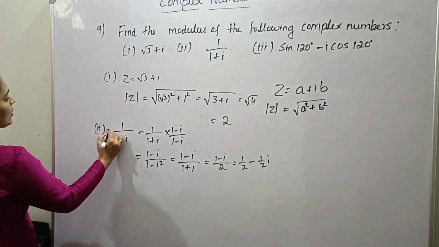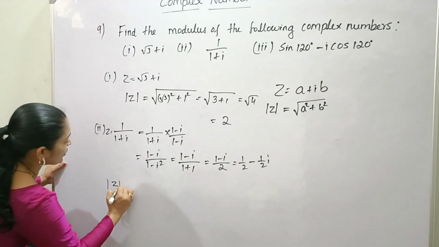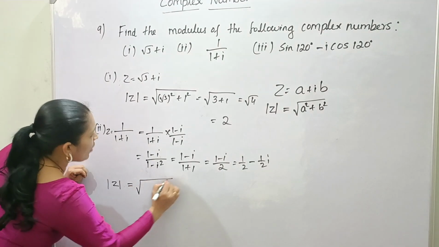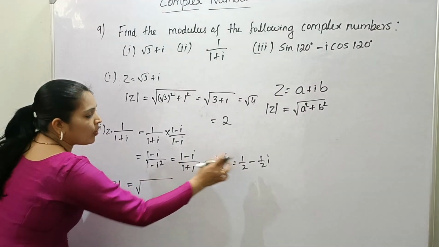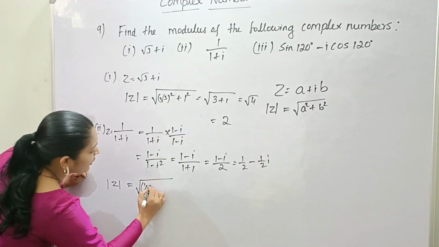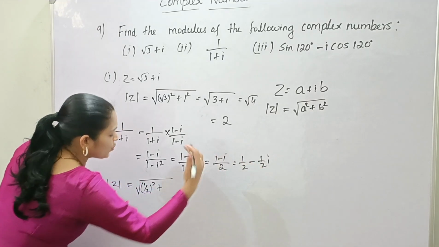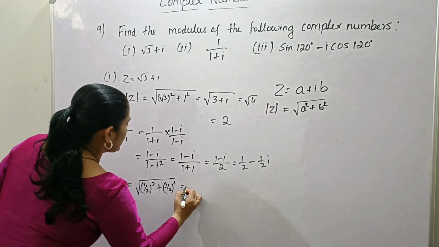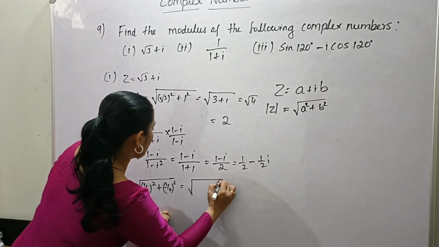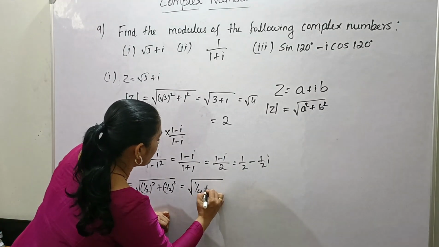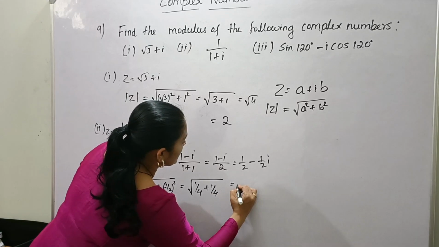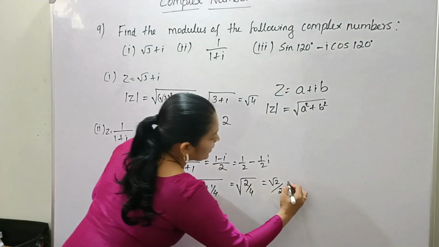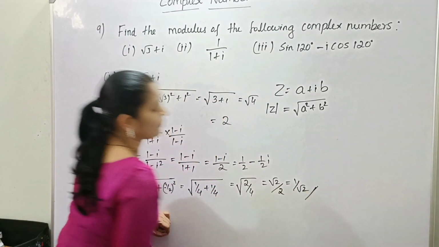Now let us find the modulus. Modulus of z is equal to square root of a square plus b square, that is square of real part 1 by 2 square plus minus 1 by 2 square, that is equal to square root of 1 by 4 plus 1 by 4, that is square root of 2 by 4, that is root 2 divided by 2, that is 1 by root 2.